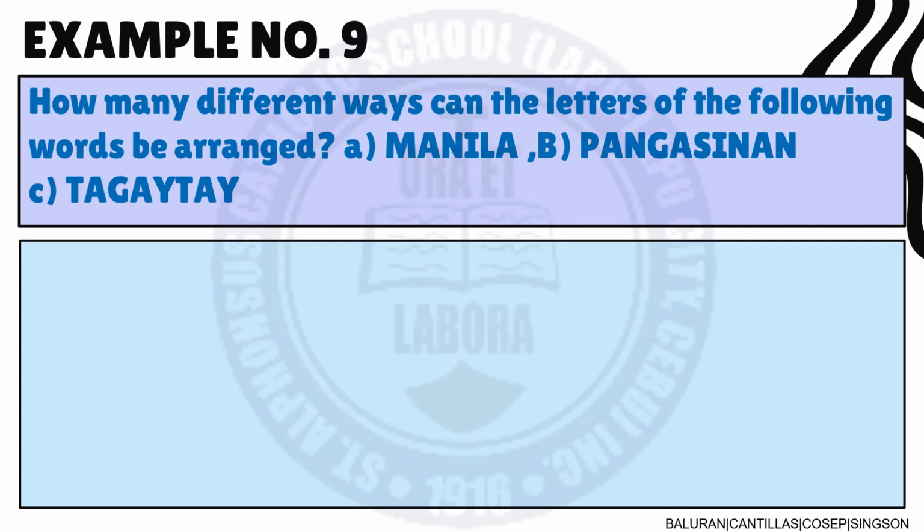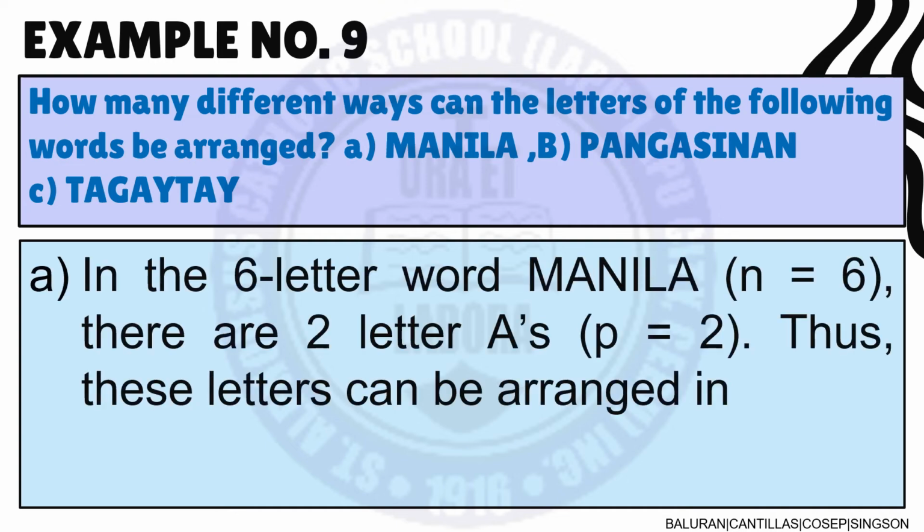Example number 9. How many different ways can the letters of the following words be arranged? Letter A, Manila. B, Pangasinan. C, Tagaytay. Let us answer first letter A. In the 6-letter word Manila, since Manila has a total of 6 letters, that will be our n.